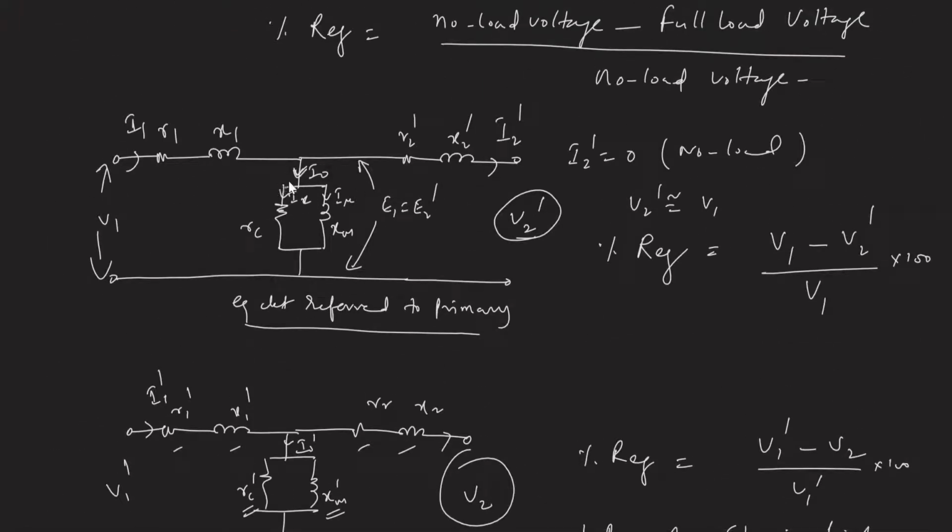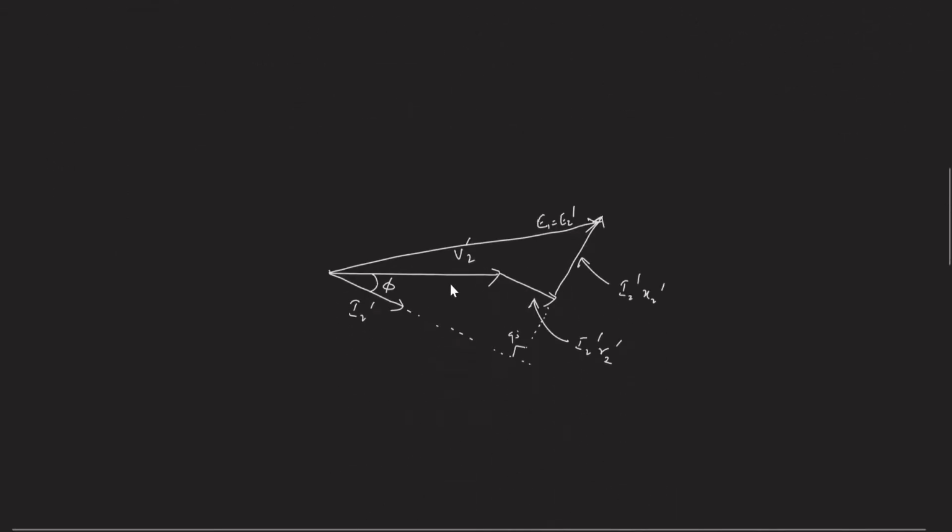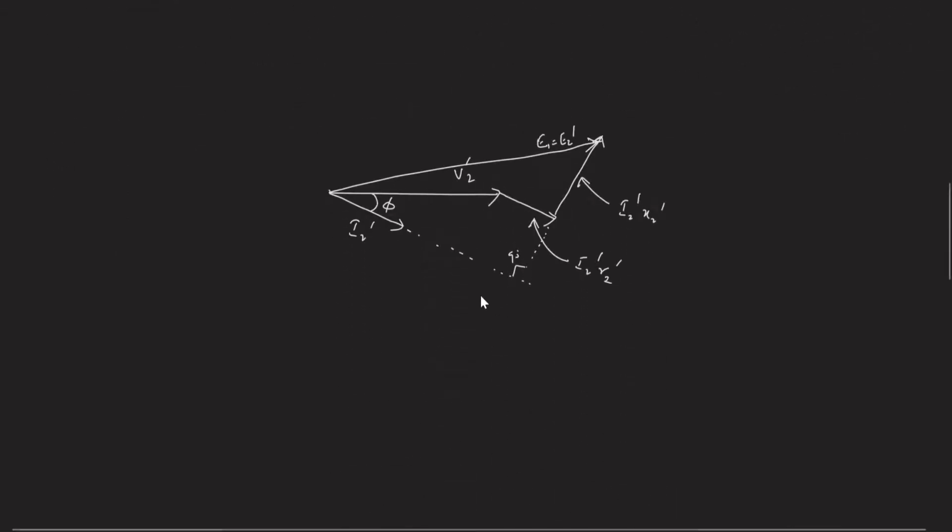So for this voltage, IR will be in phase and I mu will be lagging. It will be lagging. So this will be, am I correct? Correct me if I am going wrong. I don't have the book with me right now.